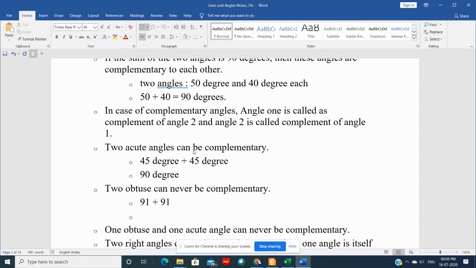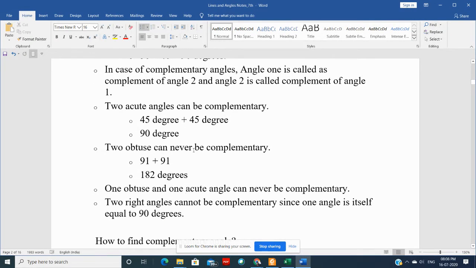These two angles sum up to more than 90, that is 182. So we can say that two obtuse angles can never be complementary to each other, because they never sum up to 90.